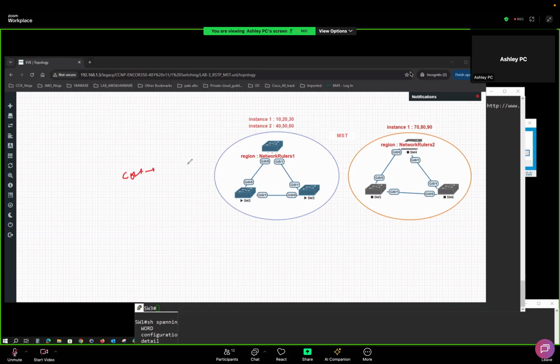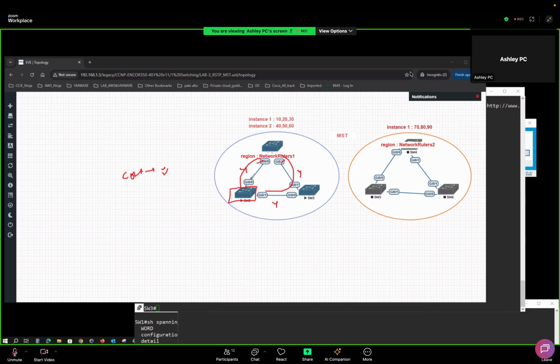What is the total cost reaching the root bridge from any one of the interfaces? If reaching from this interface, this is one cost. If this switch wants to reach the root bridge this way, what is the cost from this side? 4 plus 4. And this side is 4 only. But it is the same switch, right? Same switch having two ways of reaching your root bridge.